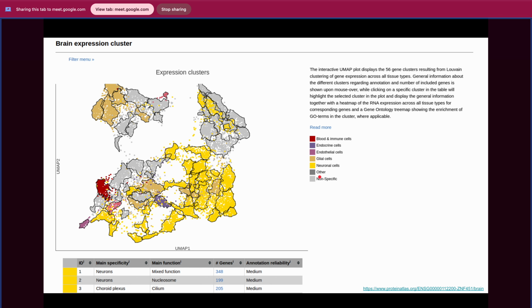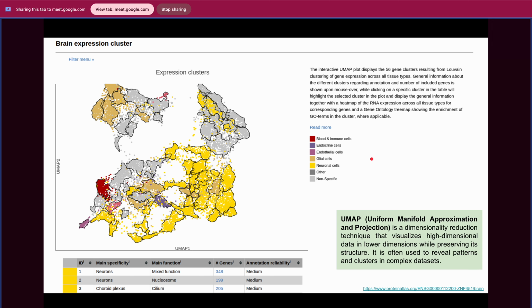This is not specific to that ZNF451, but it is the interactive page showing how different gene clusters are divided and in which regions or tissues they are expressed. They mentioned that there are 56 gene clusters which they have identified for the entire human brain, and these colors represent the particular cells where those gene clusters are expressed.